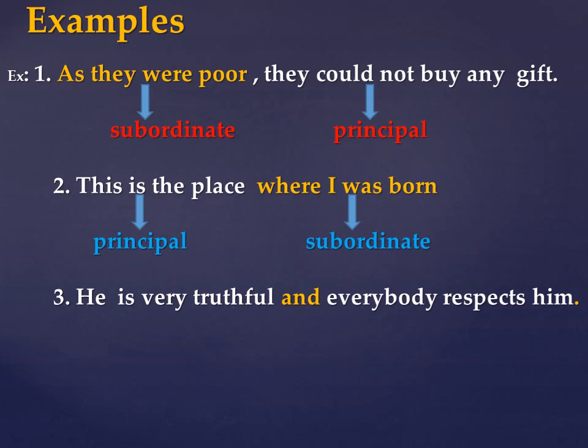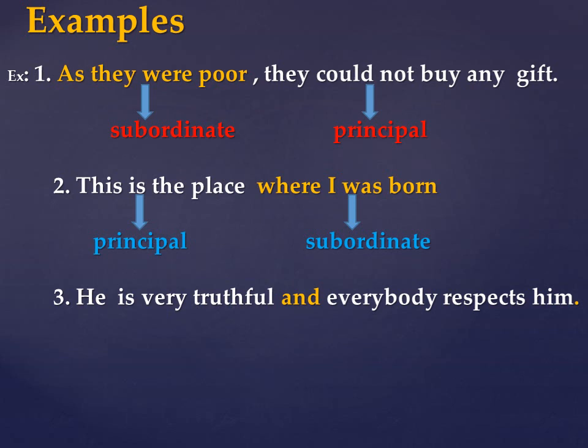Next one, he is very truthful and everybody respects him. So both the parts are white. I marked it white so that you can easily understand. He is very truthful. If I say only he is very truthful, it is a sentence itself. Everybody respects him.